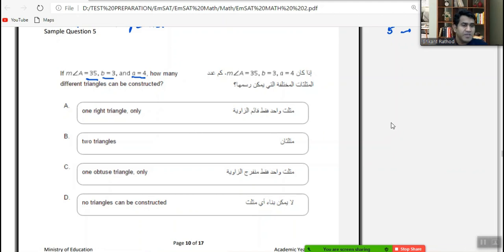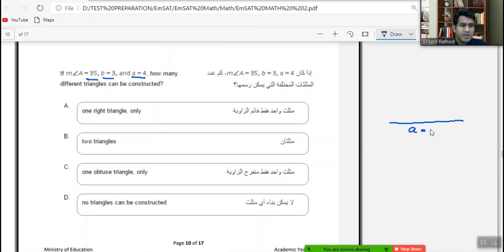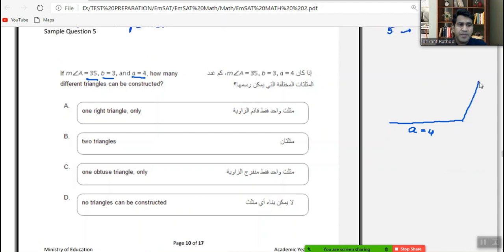Let's draw here. Let's take this as side A, and this is the angle A. Side B is 3 and side A is 4, and I can't draw it straight because I have to make an angle of A here.